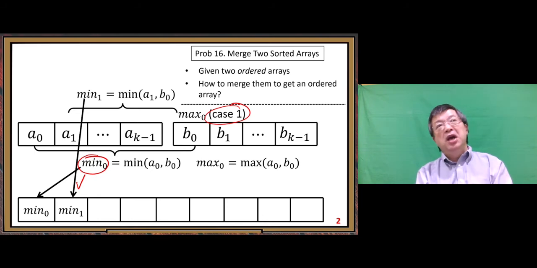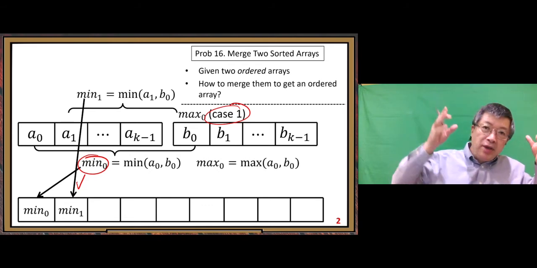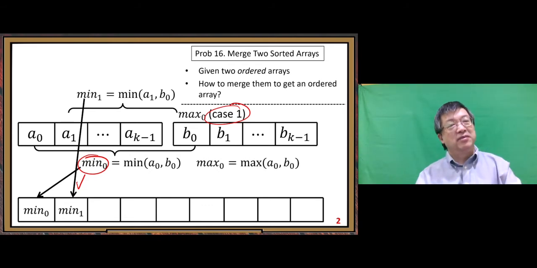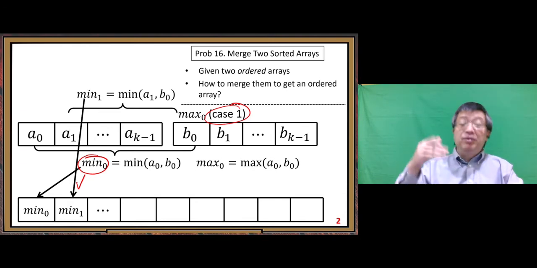Here you can see every time we do just one comparison, we put one element in place. How good it is. Pretty good. Then we can keep doing this.